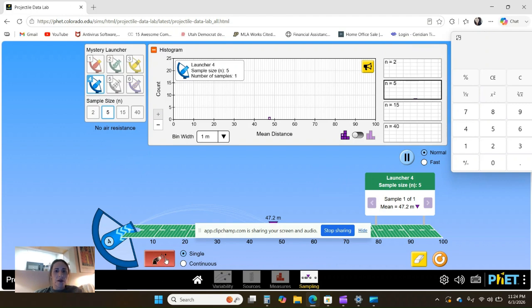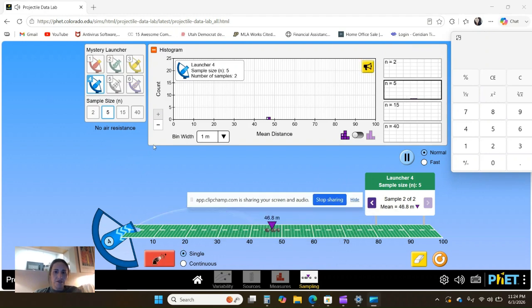Right now I have a sample size of 5, so 5 different projectiles fired, and it calculates the mean for the 5 different projectiles of the sample. So it's 46.8 meters per second, or 46.8 meters was the mean distance.